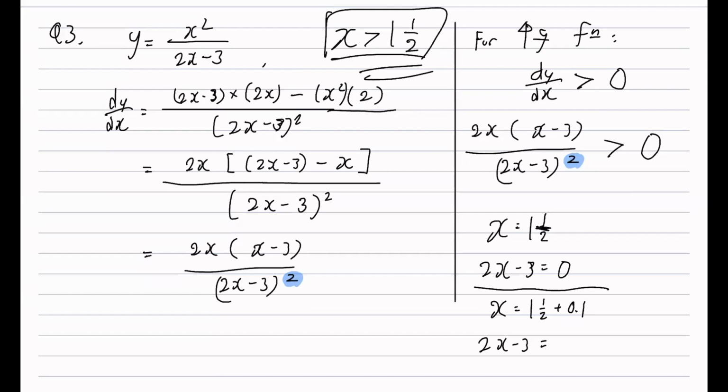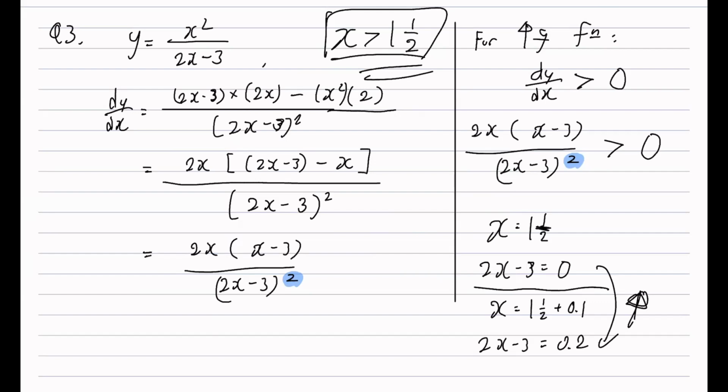Positive number. So 0.2, it will increase. Then if you keep on increasing the x value, what happens to your 2x minus 3 bracket square? It will also increase again, right? You just keep on increasing.